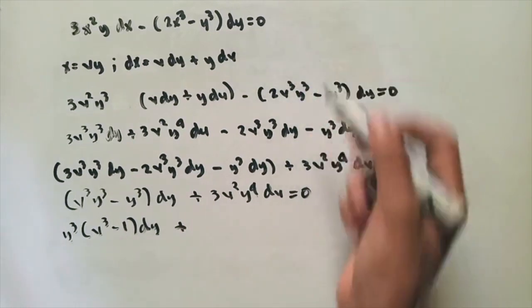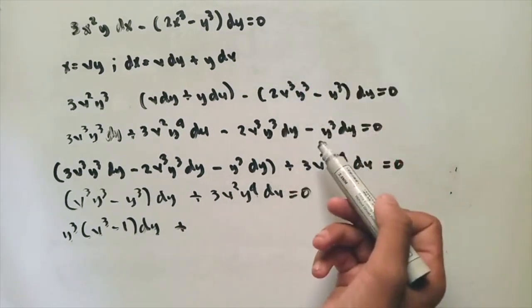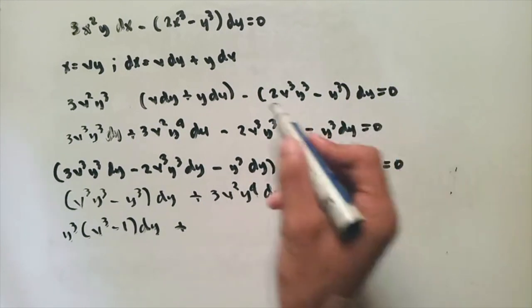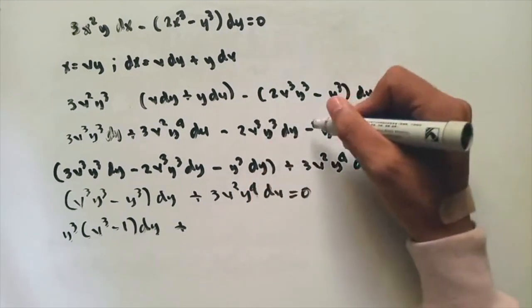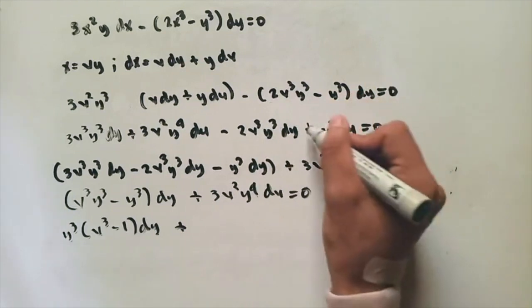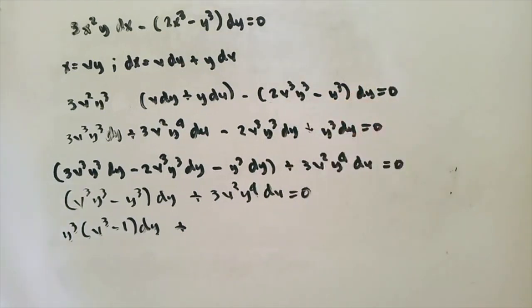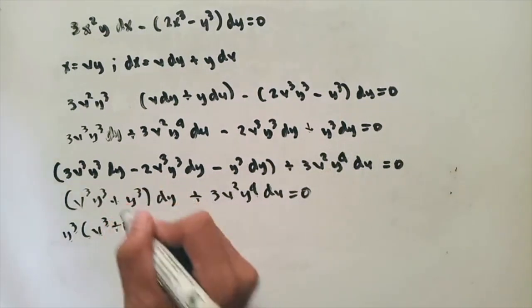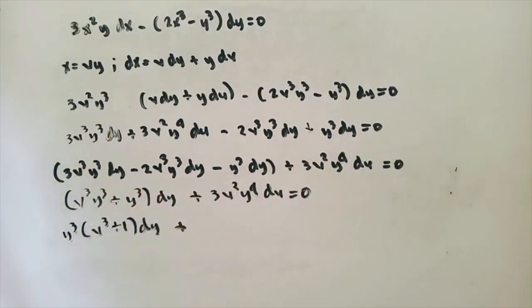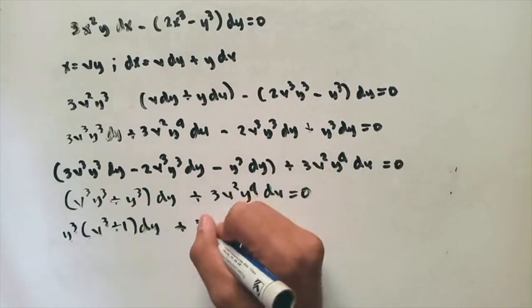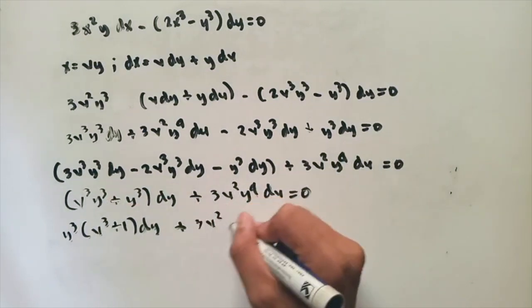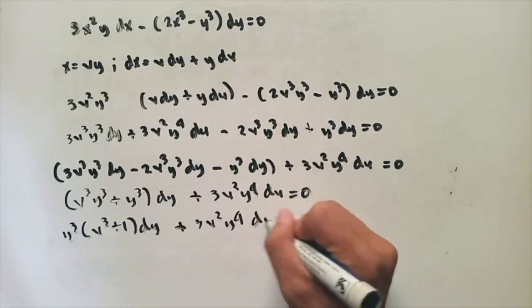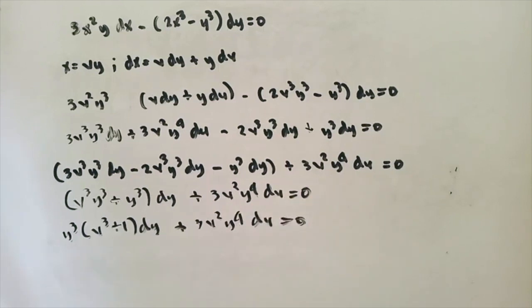Oh, there's a negative here, so this should become positive, since negative times negative is positive. So hence this will become plus, and this will become plus. Then plus 3v squared y raised to the 4th dv equal to 0. Now notice that this differential equation is already separable.